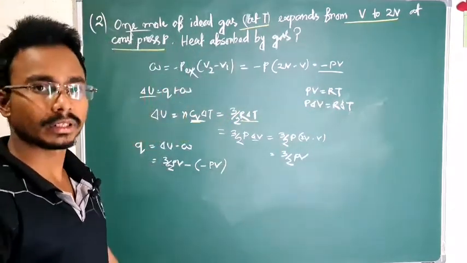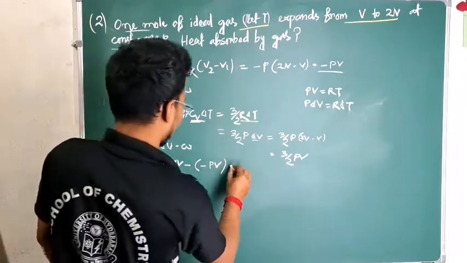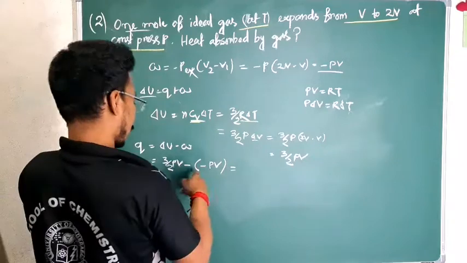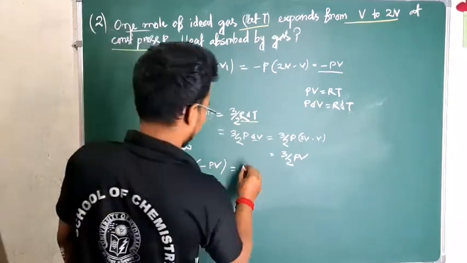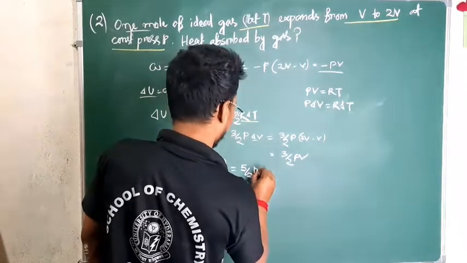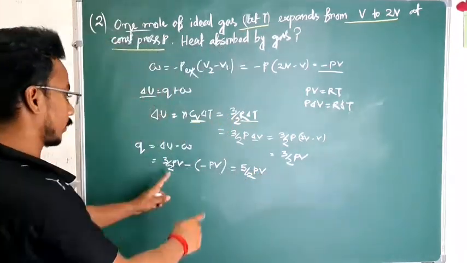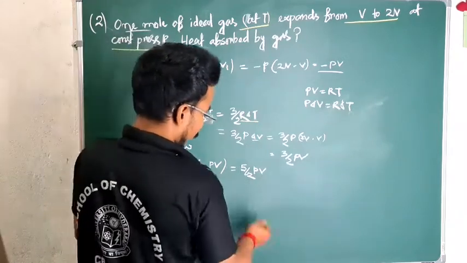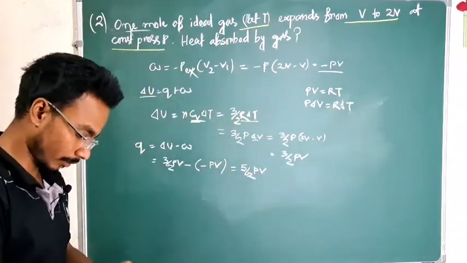Right? You are getting my points? Equal to 3 by 2 plus 1 means 5 by 2 PV, that is 1.5 plus 1, 2.5. I didn't give you the options.